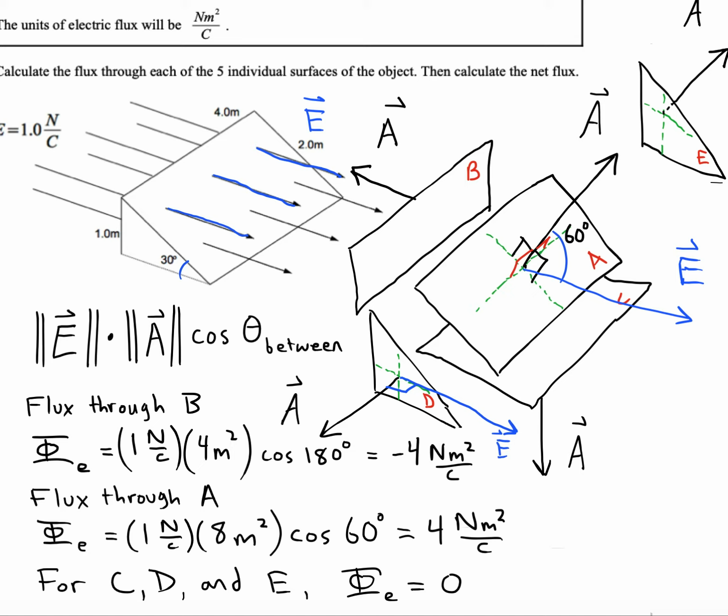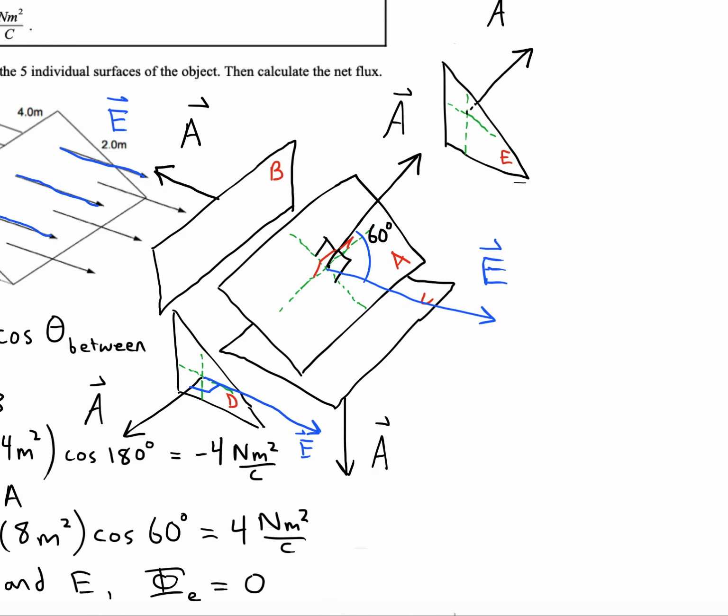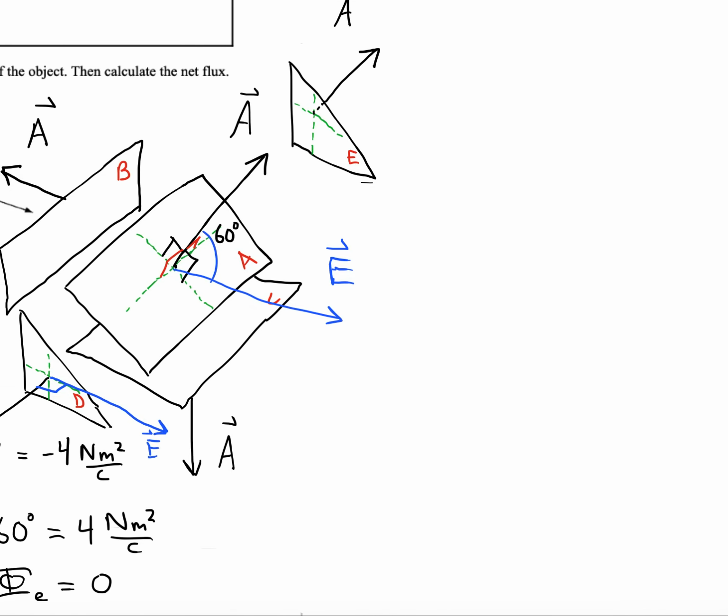Now that we have these values, we can find what's called the net flux. To calculate the net flux, we just want to add up all the individual surface fluxes that we had calculated.